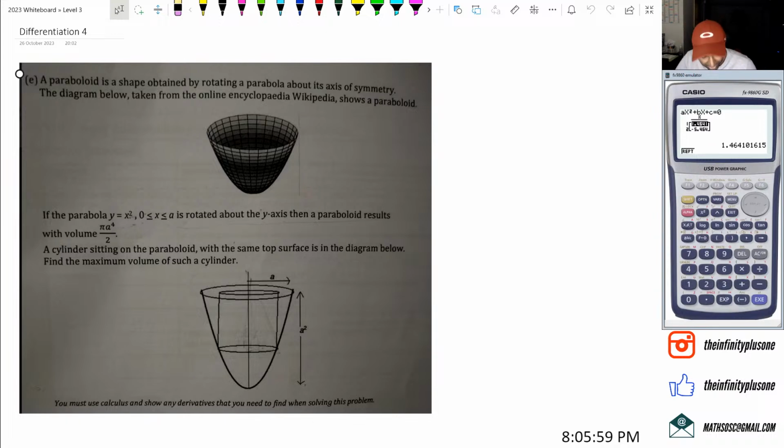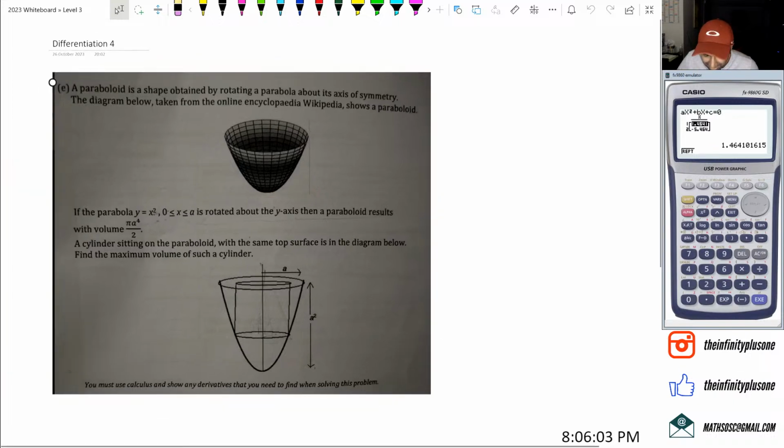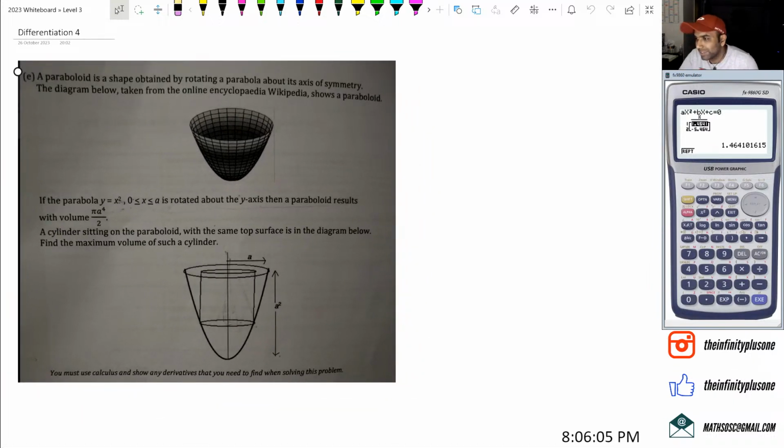This is actually one of those really annoyingly easy Excellence questions. But anyway, let's try and actually work this out.